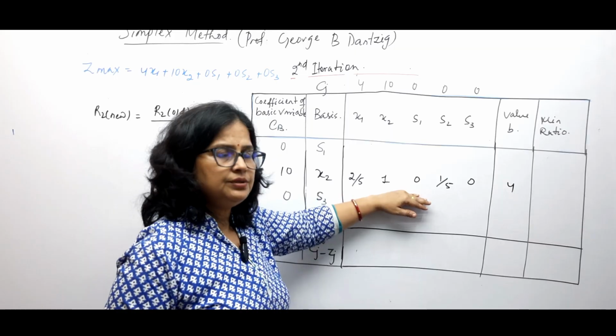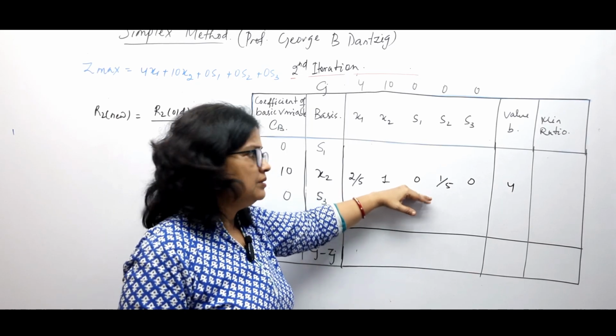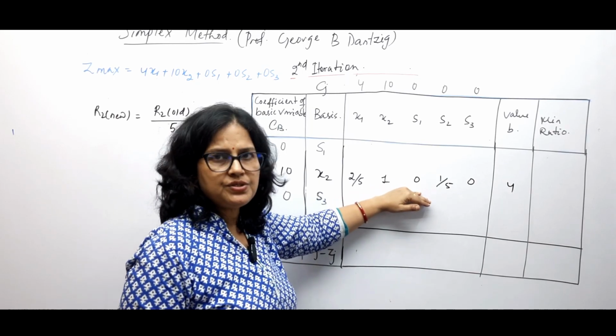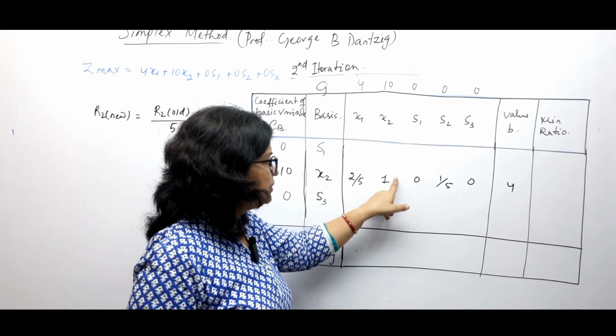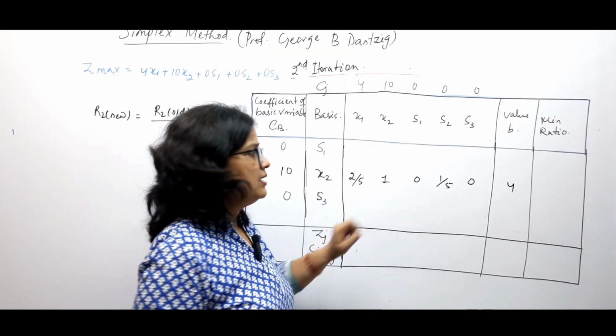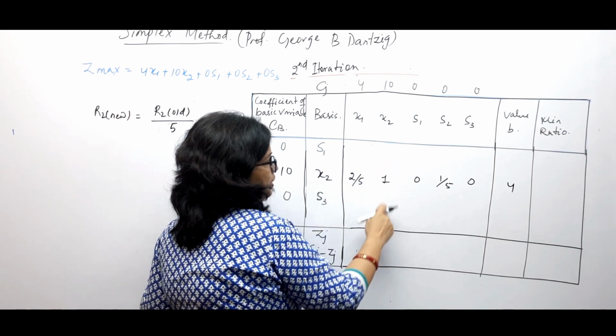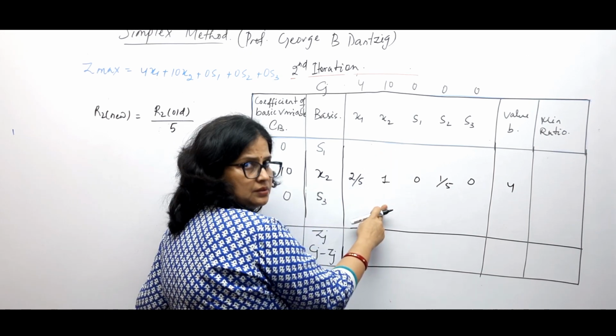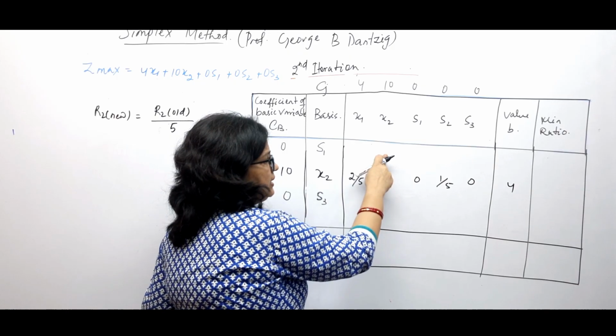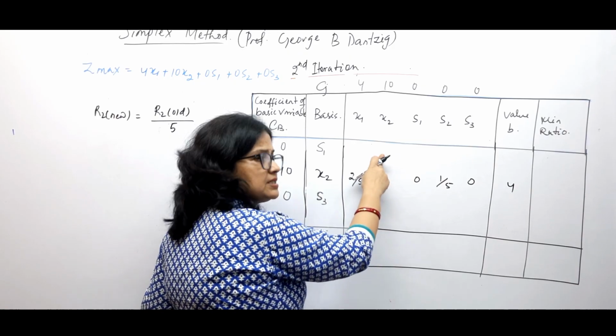Like this we will apply to the whole row. Always refer to the previous table while doing the row operation. So first we need to make the key element 1, and all other rows, these two, upper and lower to the key element, we need to make 0.